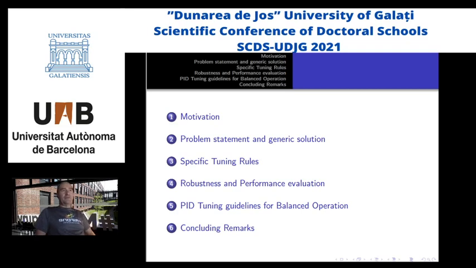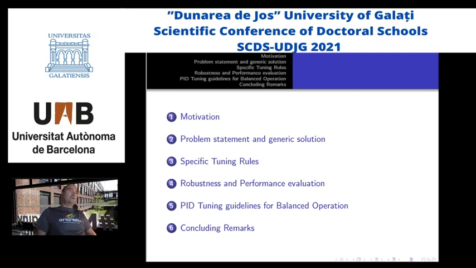After this, we come to the second part of the talk, that is how we evaluate these tuning rules from the point of view of robustness and performance, and use this evaluation to generate what we call automatic tuning. I mean, tuning that does not have any degree of freedom, so it's very easy, very direct, very straightforward to apply. So it's directly tuning for PID for what we call a balanced operation.